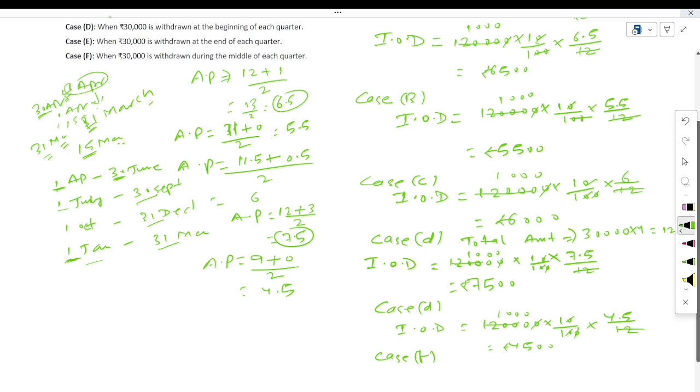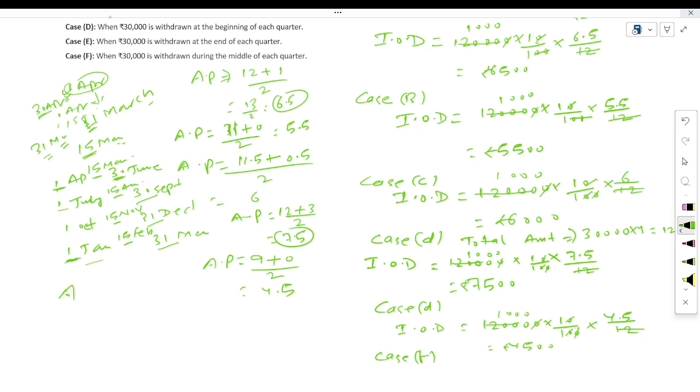Here what is happening? When 30,000 is withdrawn during the middle of each quarter. When will it be the middle of the quarter? From 1st April to 30th June, 15th May will be the middle; 1st July to 30th September, 15th August will be the middle; 1st October to 31st December, 15th November will be the middle; 1st January to 31st March, 15th February will be the middle.